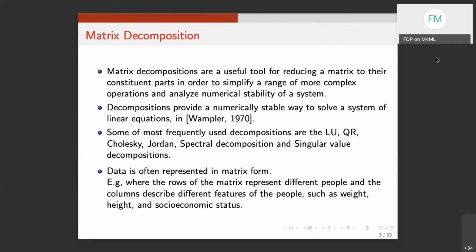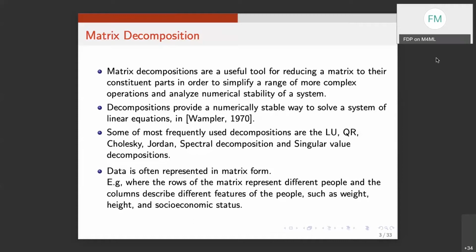So matrix decomposition is a very useful tool for reducing a matrix to its constituent parts, in order to simplify the range of more complex operations and to analyze the numerical stability of a system.